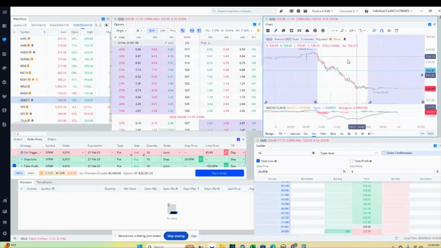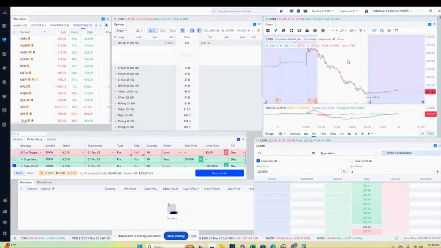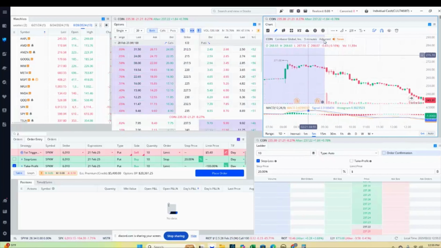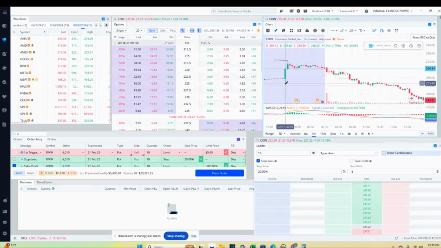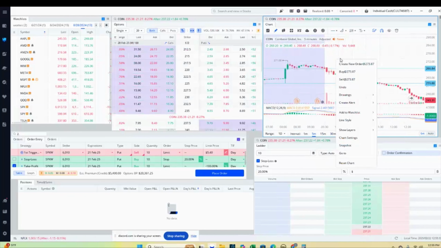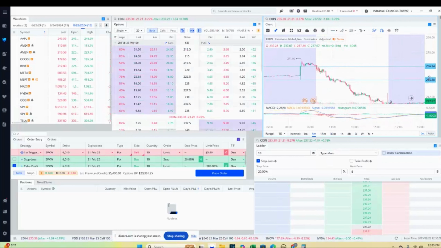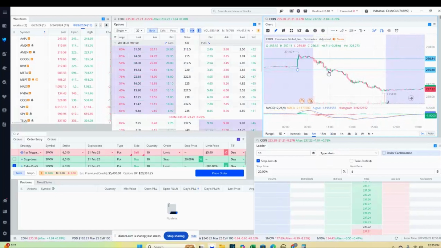Even if we looked at Coin, if you had marked out your 8:05 candle, even if you were late to the party, you still would have taken advantage of almost an 18-point drop, right?